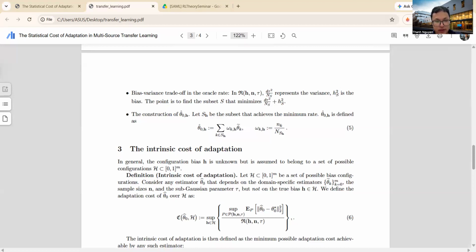I see that they also have some non-parametric rates. Can you go to that section? The rates about non-parametric.